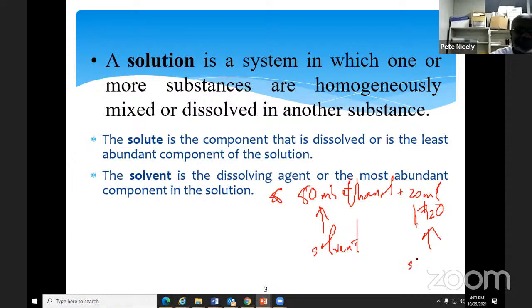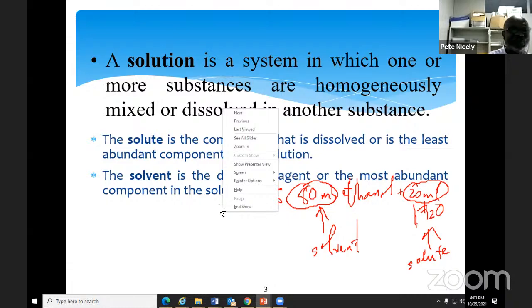The reason why is because the ethanol in this mixture is greater in terms of the amount present, 80 mils compared to 20 mils. So if you have two liquids or two gases mixed with each other, that's how you determine which is the solvent and which is the solute.